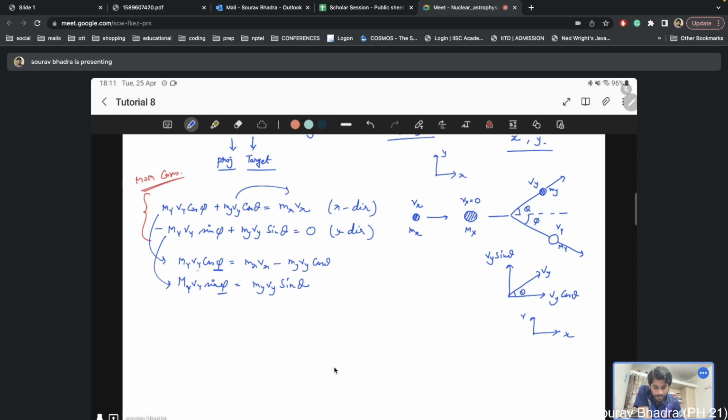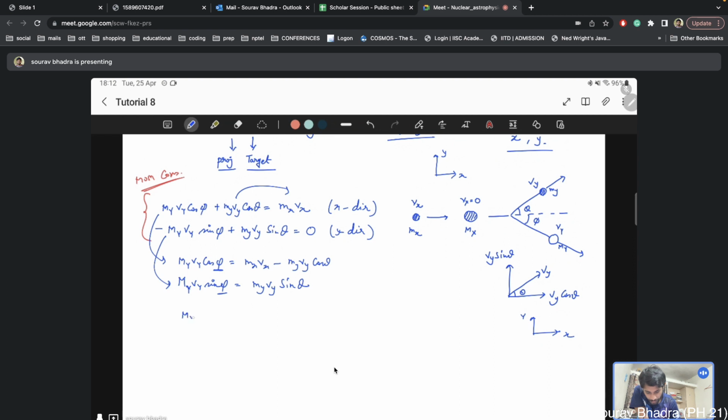The first will give my square Vy square cos square phi, and this will give my square Vy square sin square phi. So cos square phi plus sin square phi will be 1. That is the main purpose of squaring and adding, to eliminate phi.